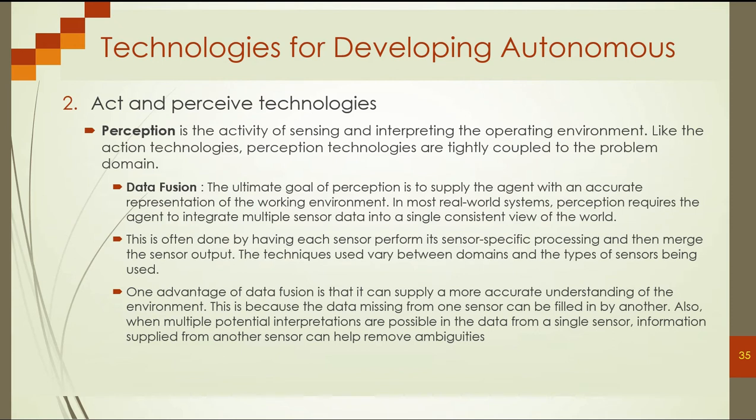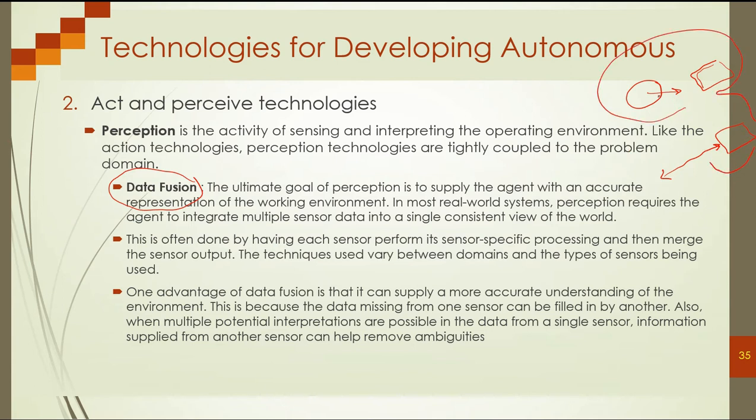Data fusion. Okay, guys, after receiving the information, you may be working with many types of sensors doing the same job. Maybe you have a camera to give you the current photo of the place, and another sensor to measure the distance. The job of this technology is to process all of this and make a decision based on all of them.